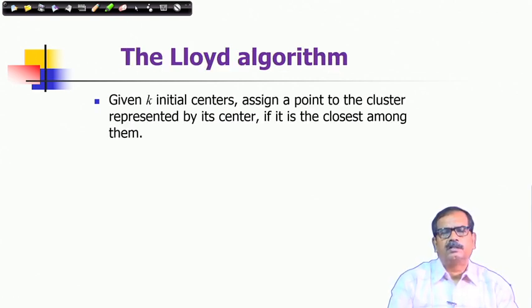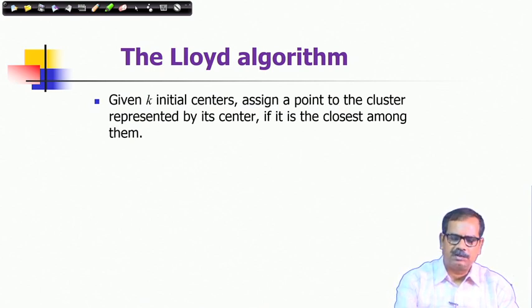So, the algorithm for K-means clustering is a very famous algorithm, known as the Lloyd algorithm, by the name of the inventor of this algorithm. Given k initial centers, you first choose k initial centers randomly, and then you partition the points by assigning each point to the cluster whose center is nearest to it.